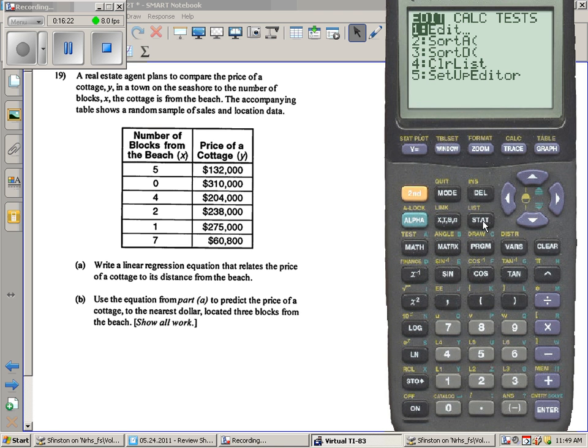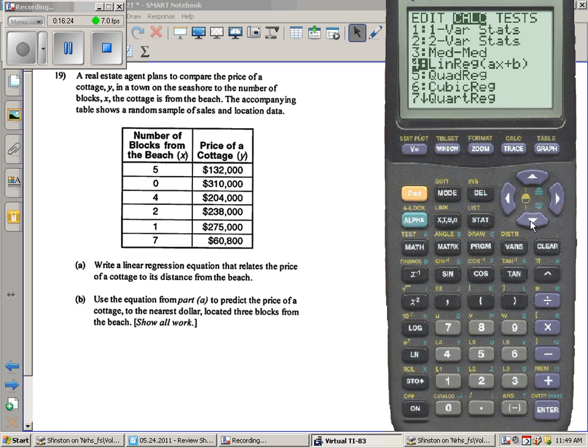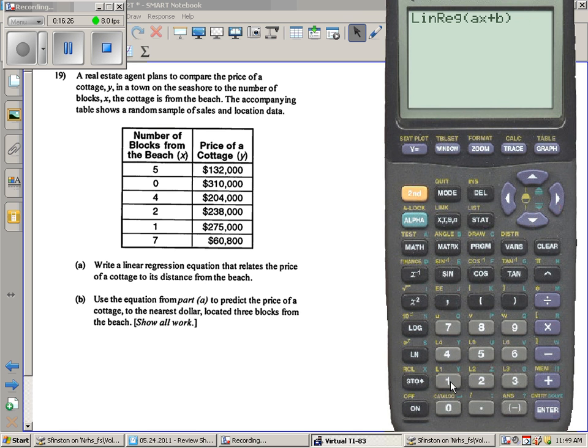And then here's what we're going to do. You go to Stat, Calc, Lin Reg, L1, L2. Enter. And your linear regression is going to be, what do we want that relates to the price of the cottage? Since it doesn't say where to round, unfortunately, we're going to have to write down the whole number.